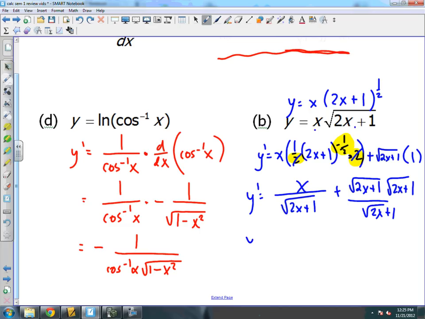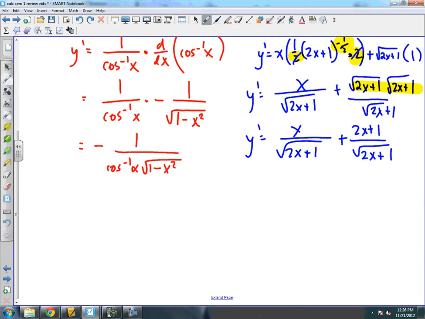And what happens when you do that is I get x over root 2x plus 1 plus root 2x plus 1 times root 2x plus 1. If you look at this, that's just going to be equal to 2x plus 1. And on the bottom, I get over root 2x plus 1. So now you can add them because they have like denominators. So now I get y prime is equal to 3x plus 1 over root 2x plus 1.